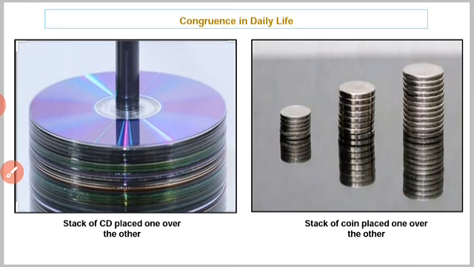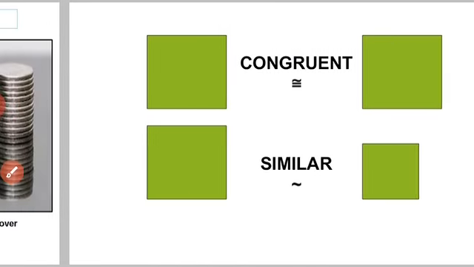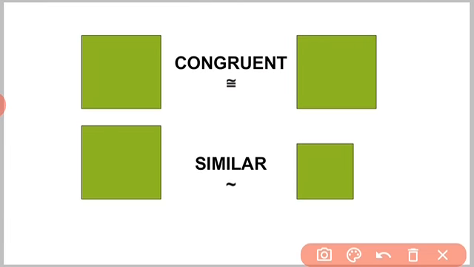where congruence is applied. We often hear the term similar. If two objects are similar, then they have the same shape but their size need not be the same.